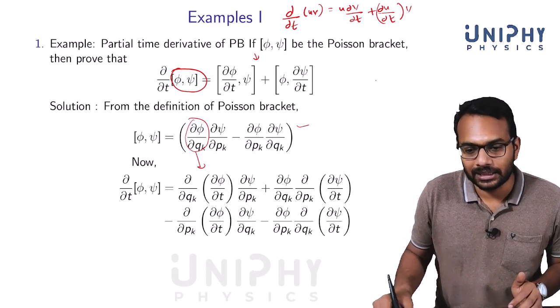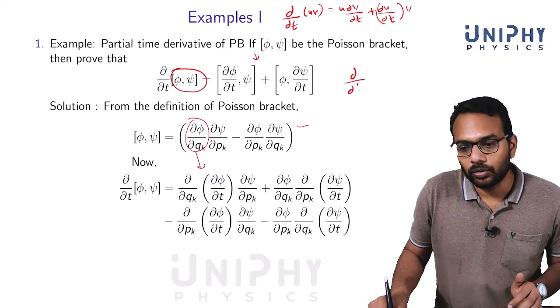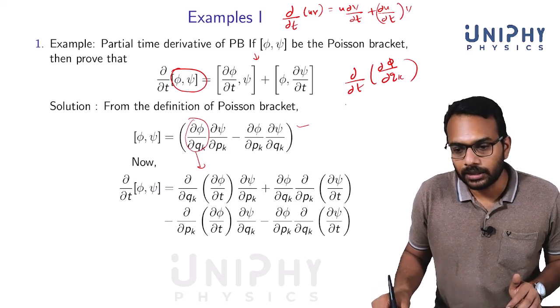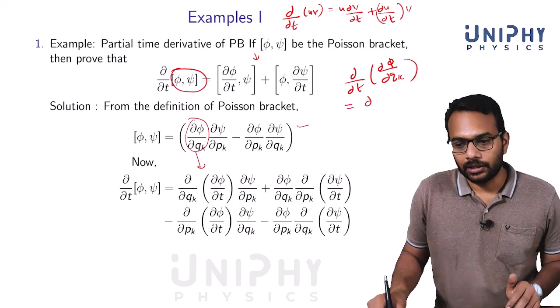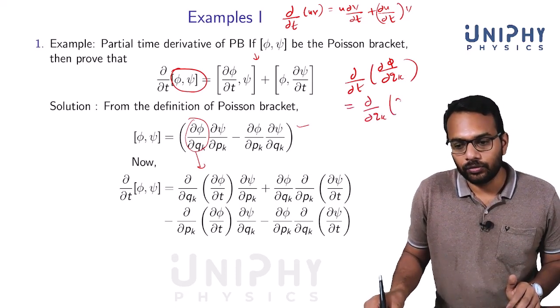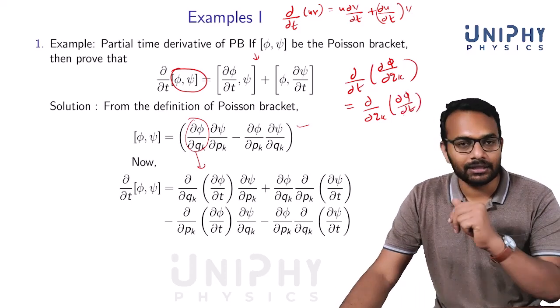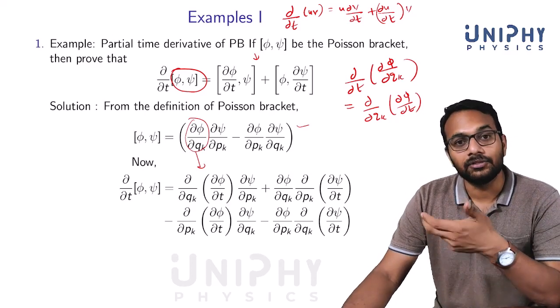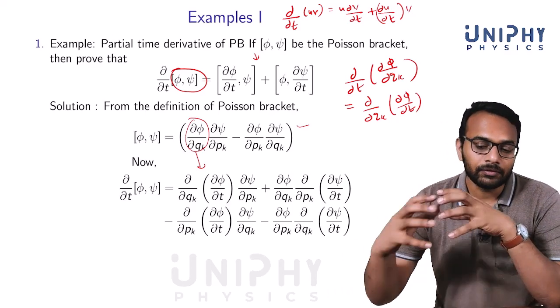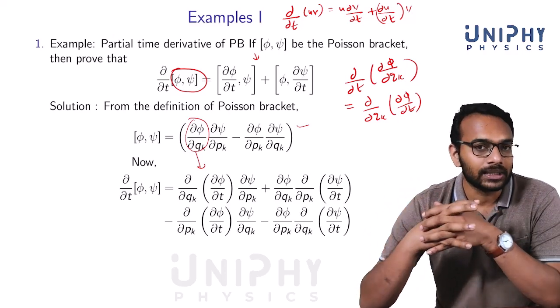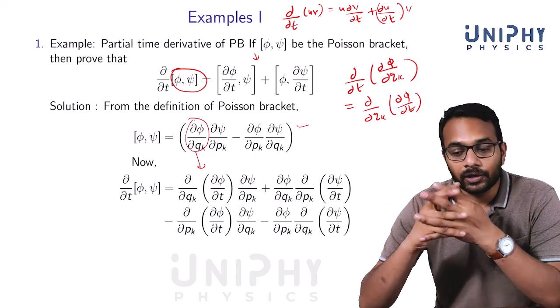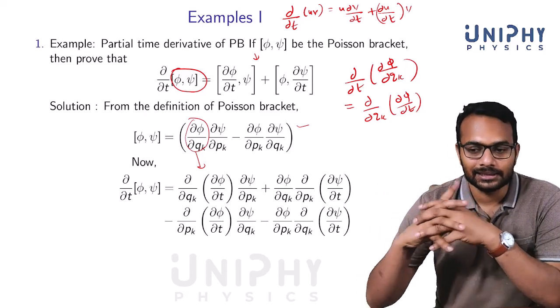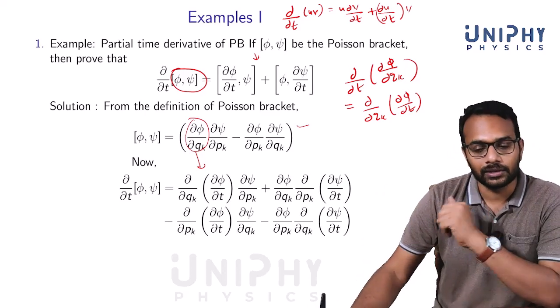This means that if you have something like dou by dou t of dou phi by dou qk, you can also write it as dou by dou qk of dou phi by dou t. Actually, the result that we are going to prove depends on this interchange. We can make this exchange for a partial derivative, but for a total derivative, we cannot always do that. It's a bit more tricky. For a partial derivative, we can always interchange the order of taking the derivative.